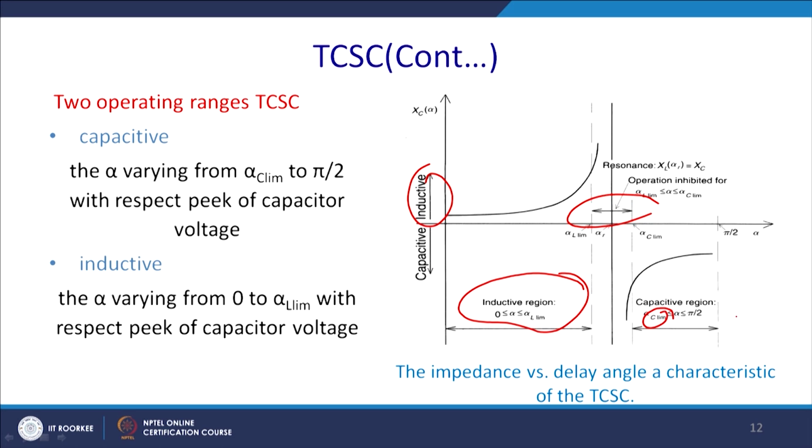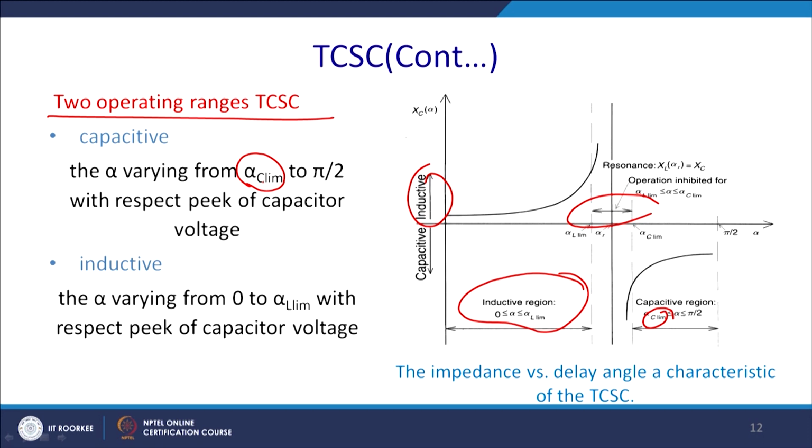So, when will it be capacitive? There are two modes of operation in TCSC. The alpha varying from alpha C minimum or limit to pi by 2 with respect to the peak of the capacitor voltage.